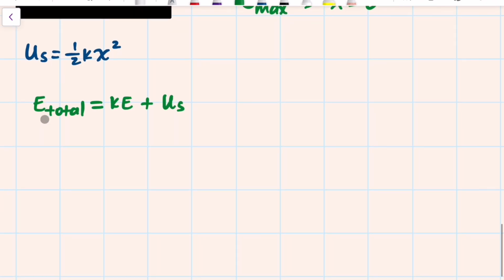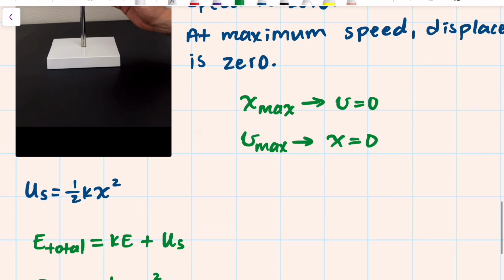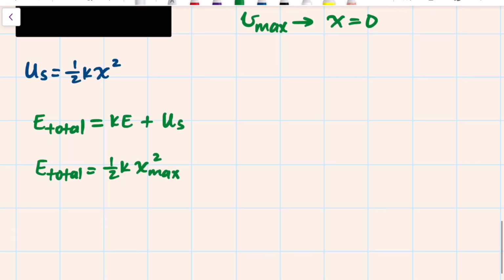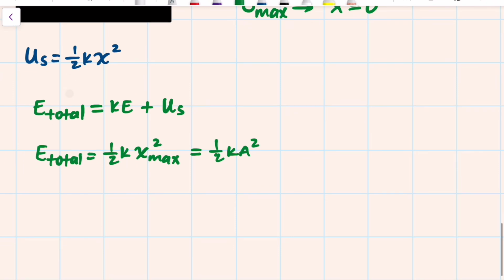Therefore, the total energy is elastic potential energy when the displacement is maximum. And we said that the maximum displacement is the amplitude, or A. Therefore, we can rewrite this formula as 1/2 kA squared. Now we can substitute this here and write the traditional equations for kinetic energy and elastic potential energy as follows.